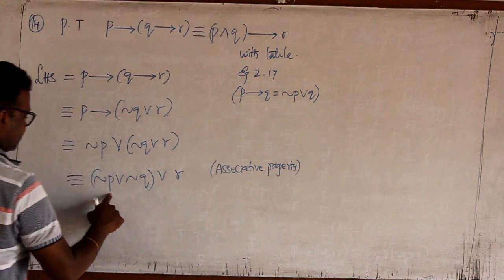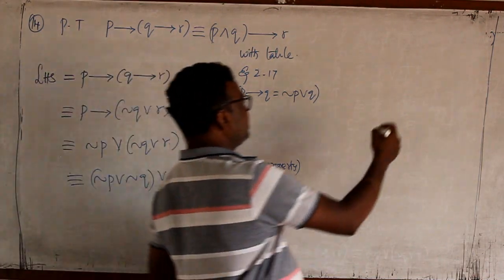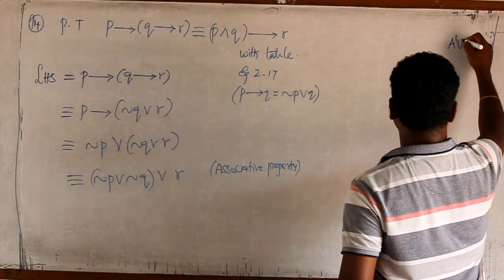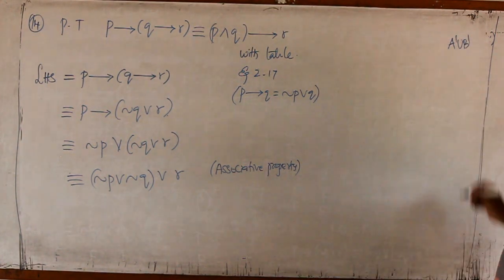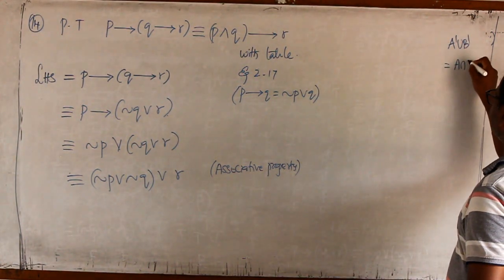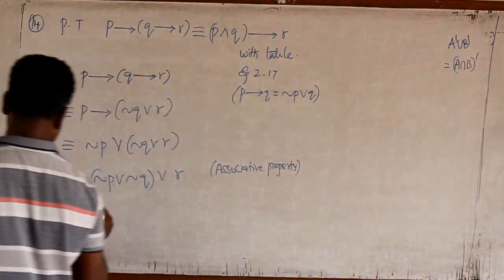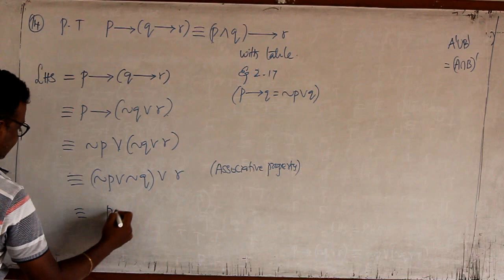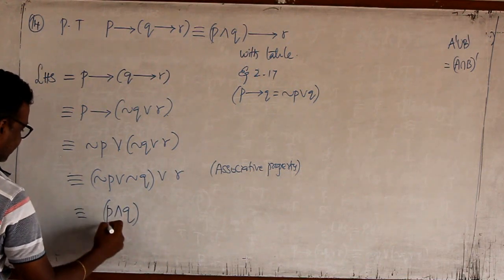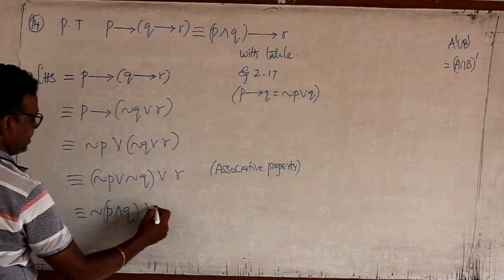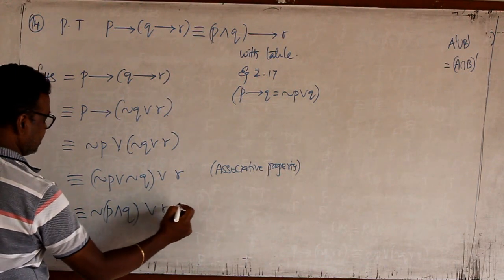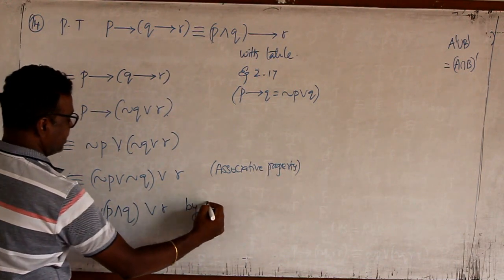Now, this is of the form A dash union B dash, and as per De Morgan's law it is A intersection B, the whole dash, isn't it? So I can write this as negation of P and Q, or R, by De Morgan's law.